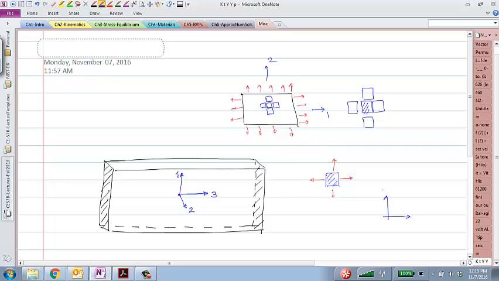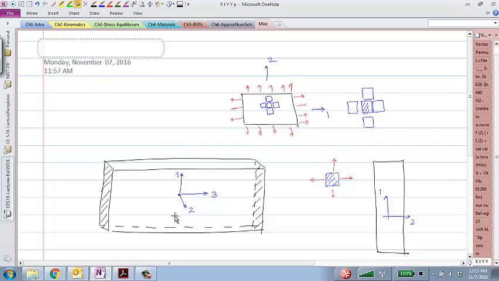So in the 1, 2 plane, my cross section looks like this, which is what we just talked about was a plane strain cross section. Do you agree?